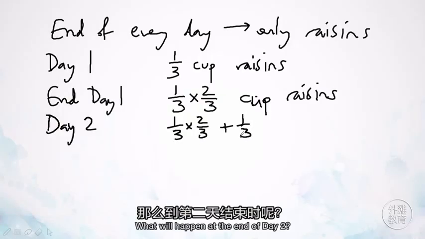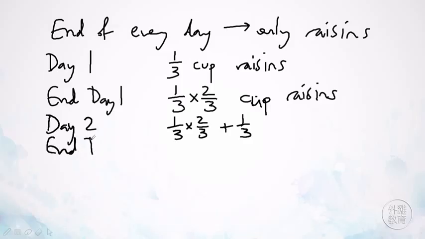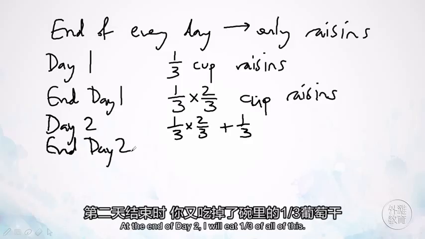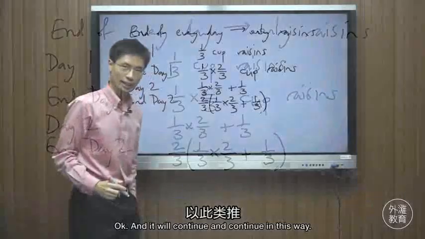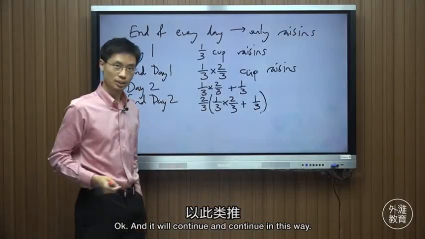What will happen at the end of day 2? I will eat 1/3 of all of this, so I will have left 2/3 times (1/3 times 2/3 plus 1/3). It will continue and continue in this way.